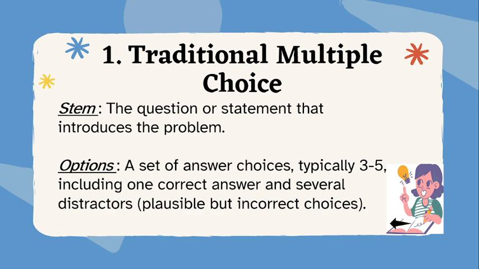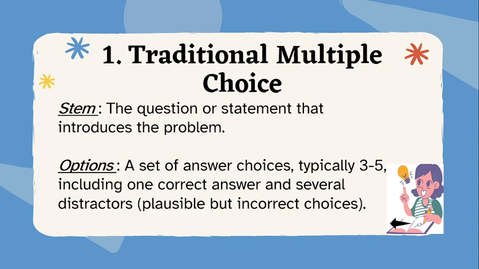It consists of the stem, which is the question or statement that introduces the problem, and then the options or the choices. A set of answer choices, typically 3 to 5, including one correct answer and several distractors. These distractors are plausible but incorrect choices.